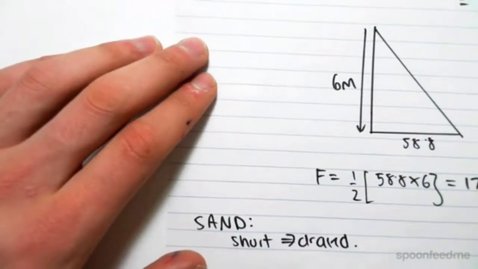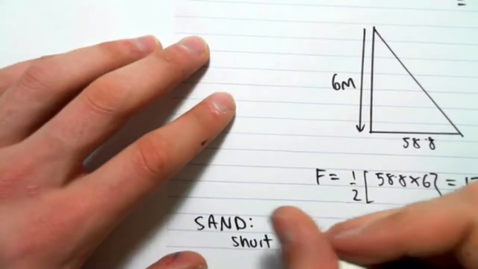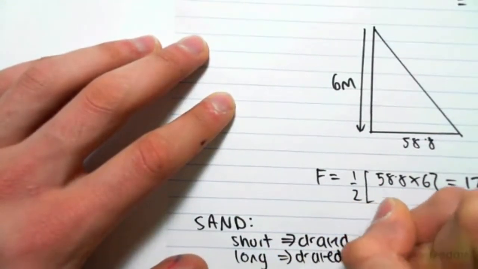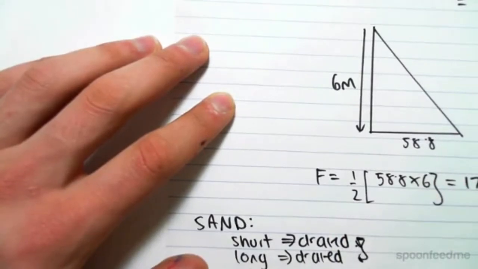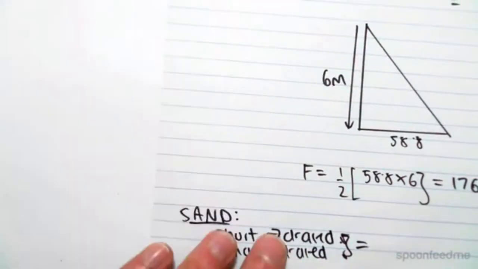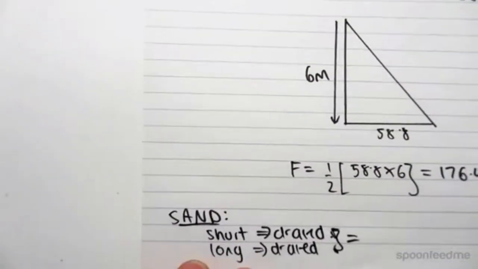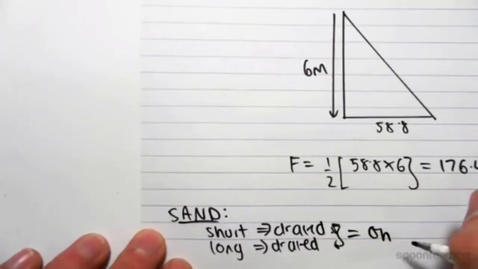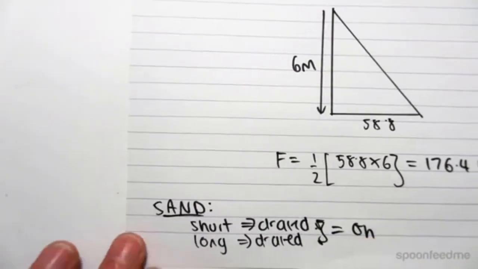A sand in the short term was drained because it was quite permeable, which means in the long term it's obviously drained as well. So the values you would get for the short and long term are exactly the same. So this analysis of long term only really applies to a clay because you're going to get different values. But for a sand, the short and long term values of sigma h are the same. Anyway guys, hope that helps.